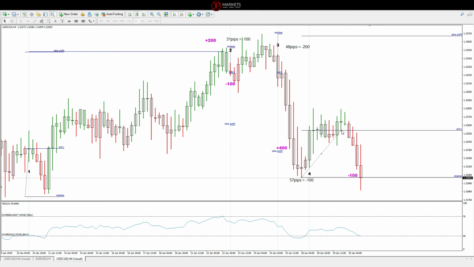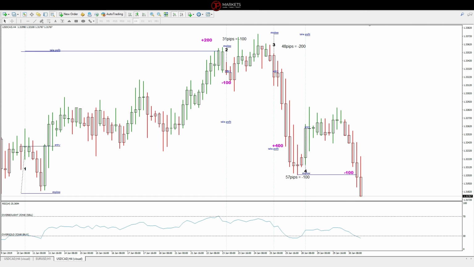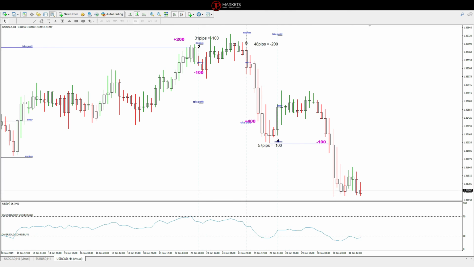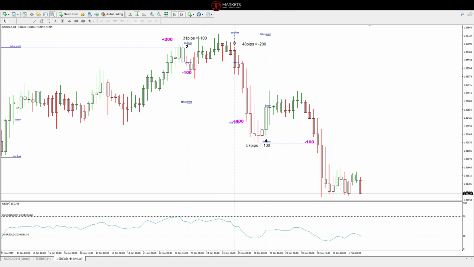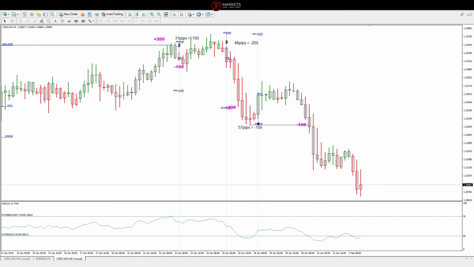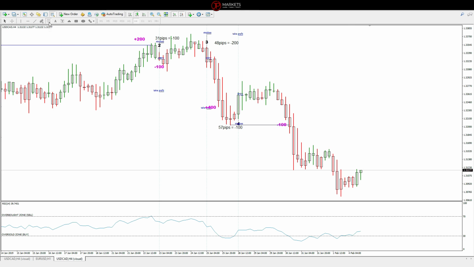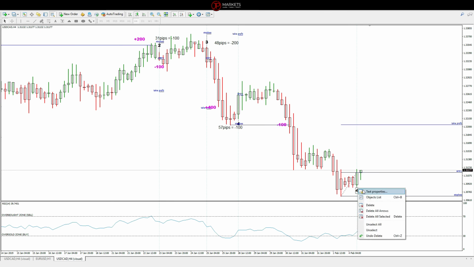So let's see if we can get trade number 5 along these areas. Looking tempting, but no. There we go, now that looks solid. So I'm gonna set up for trade number 5 over here.